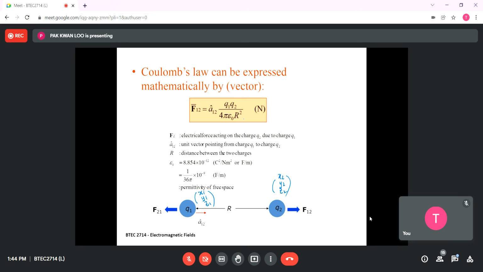And how do we calculate the unit position vector A1? The unit position vector in the direction from this point to this point.